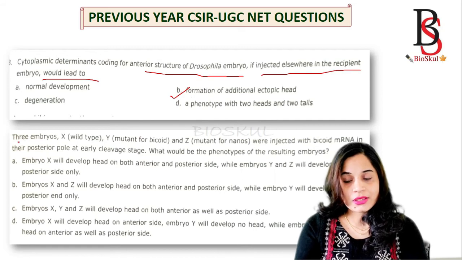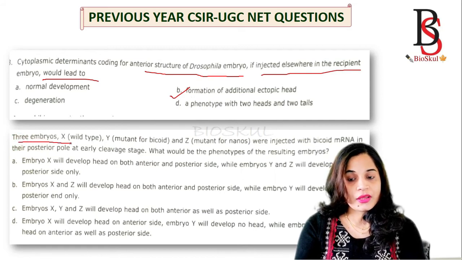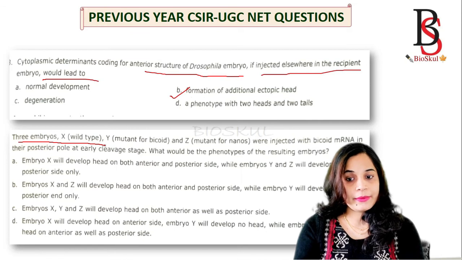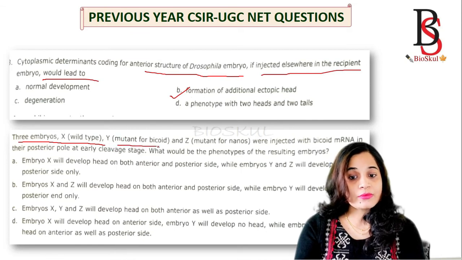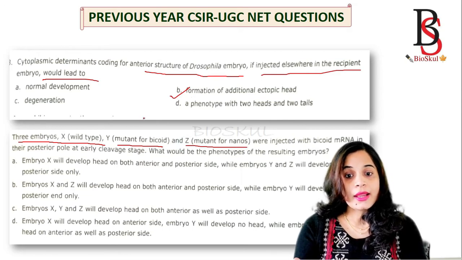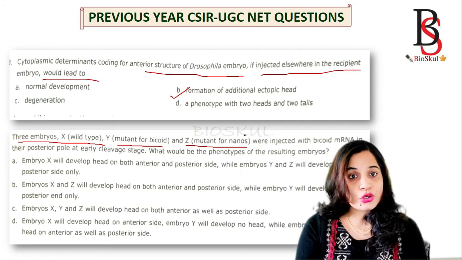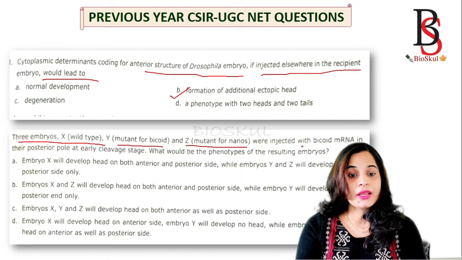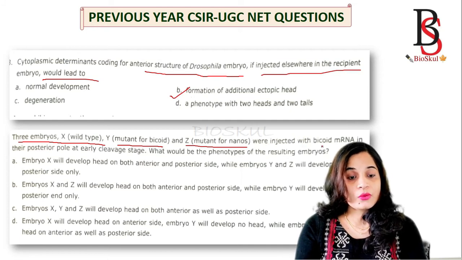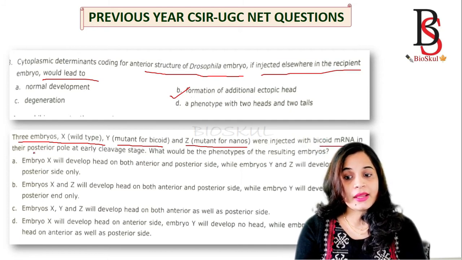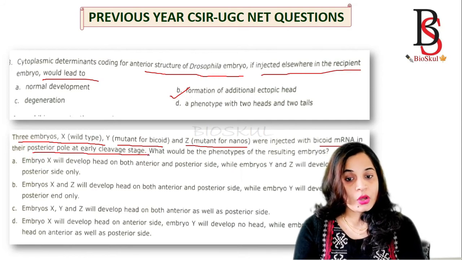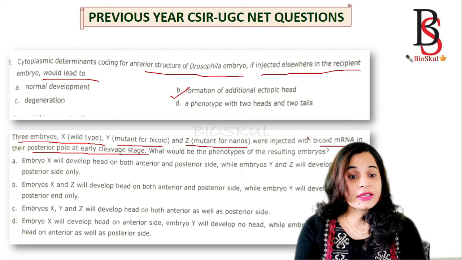And in this question, there are 3 embryos. X is wild type, Y is mutant for bicoid, and Z is mutant for nanos. So bicoid forms the anterior end, and nanos forms the posterior end of the embryo. They were injected with bicoid mRNA in their posterior pole at early cleavage stage. What would be the phenotype of the resulting embryos?